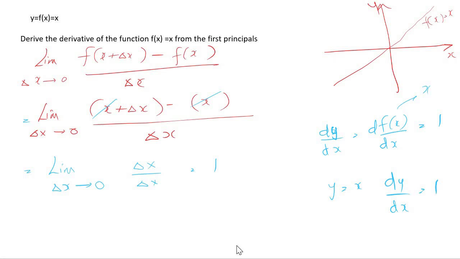Let's take another question shortly. For this question, they want you to find the slope, or the derivative, of f(x) equals 1 over x.